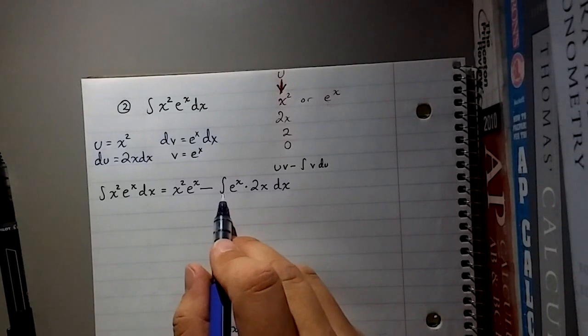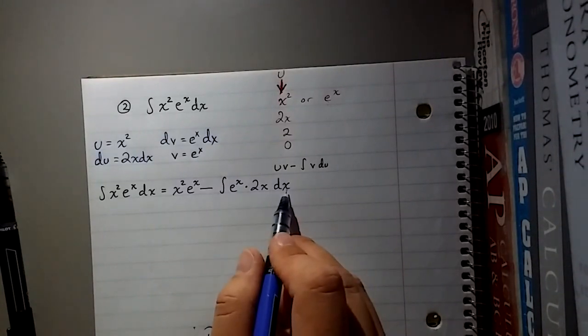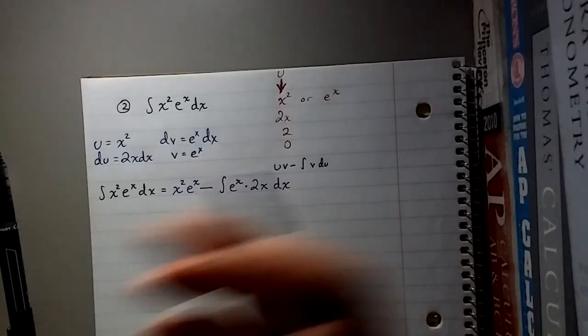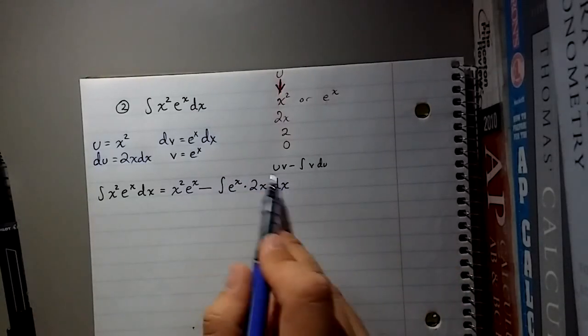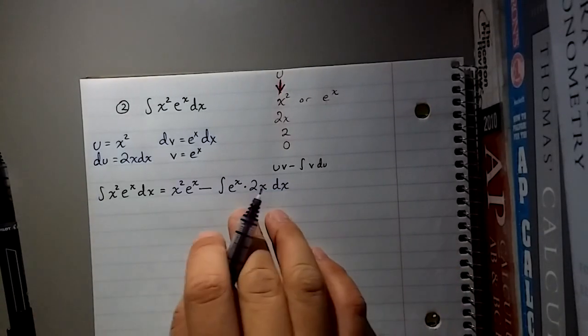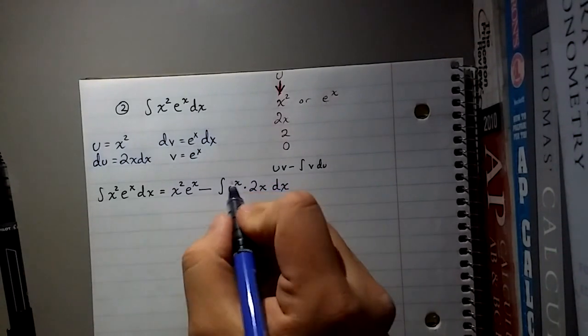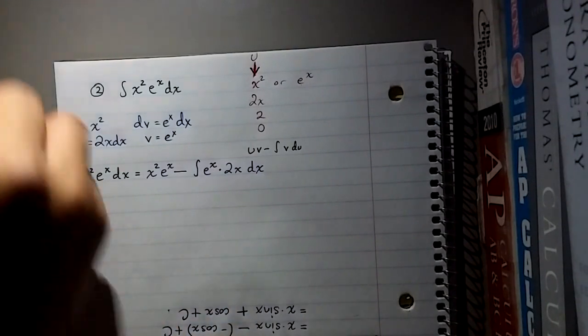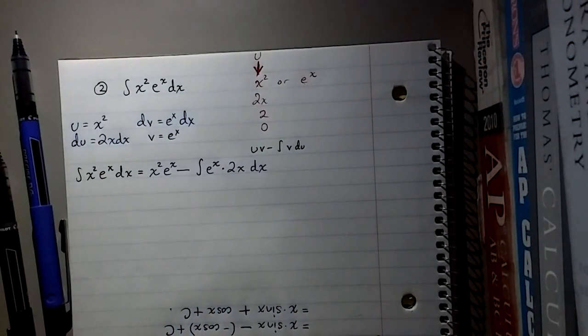Okay, now how are you going to integrate this? It wasn't like the previous problem where we integrate a sine and just get negative cosine. This is odd looking. And if something looks odd, it's most likely going to be integration by parts. So you're going to have to do this again. That's the tricky part about integration by parts.